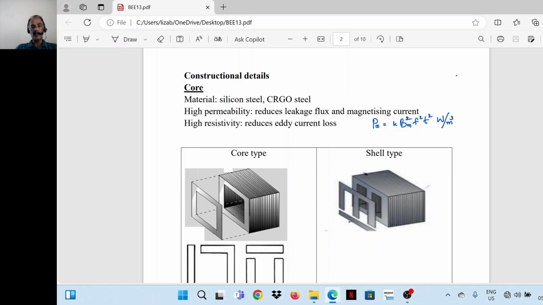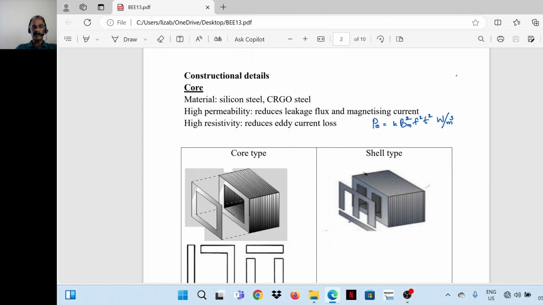Permeance is the reciprocal of reluctance. So to produce a certain amount of flux or flux density in the core, if permeance is high, then current required will be less. Permeability is a magnetic conductivity.